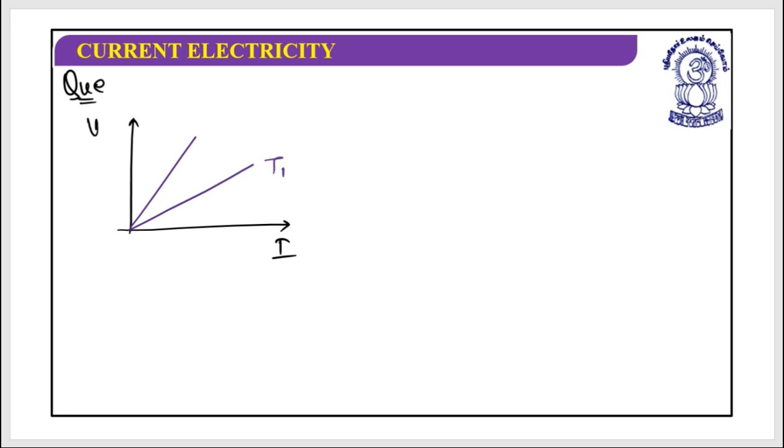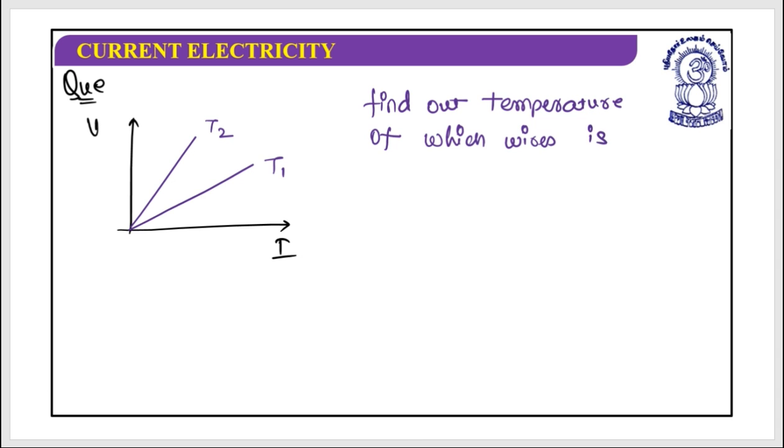Let's suppose this is for temperature 1, this is for temperature 2, and they have asked me to find out the temperature of which wire is higher. Let's suppose this is wire 1, this is wire 2, and I need to find out which of the following wires has a higher temperature.